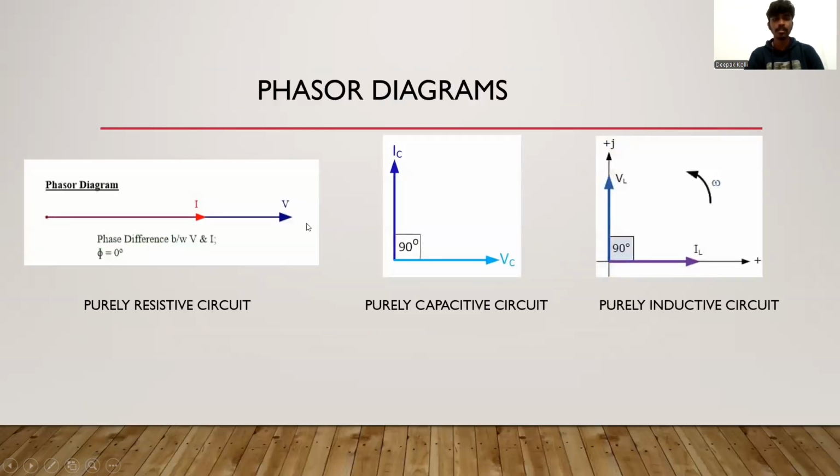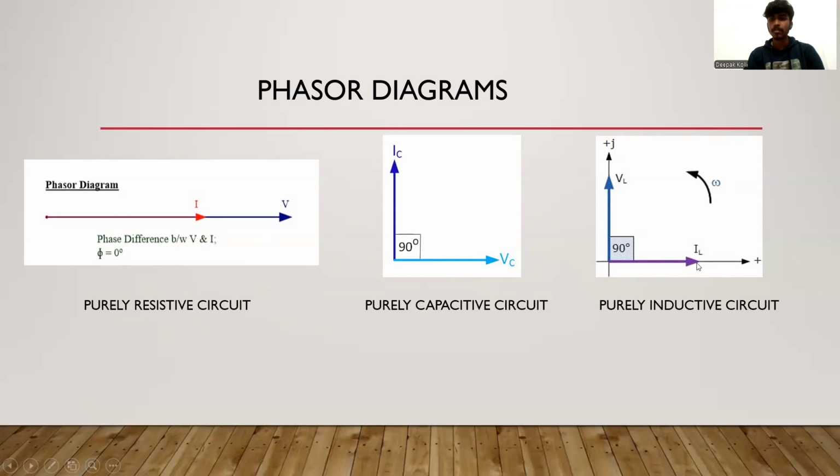Now the phasor diagrams of these components. When the resistor is singly connected in the circuit, we call it a purely resistive circuit, where in the phasor diagram the phase difference between V and I is zero. They are in phase. In a capacitive circuit, the angle between the capacitive voltage and capacitive current is 90 degrees, where current leads the voltage by 90 degrees.